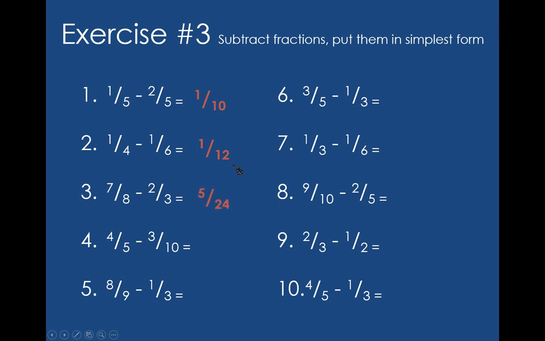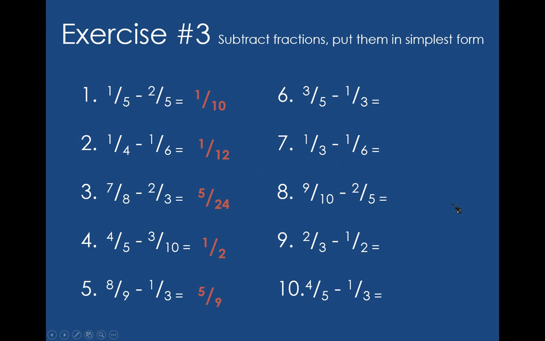The answer is 5 over 24. Number 4, 4 over 5 minus 3 over 10. What's the answer? The answer is 1/2. Number 5, 8 over 9 minus 1 over 3. The answer is 5 over 9.